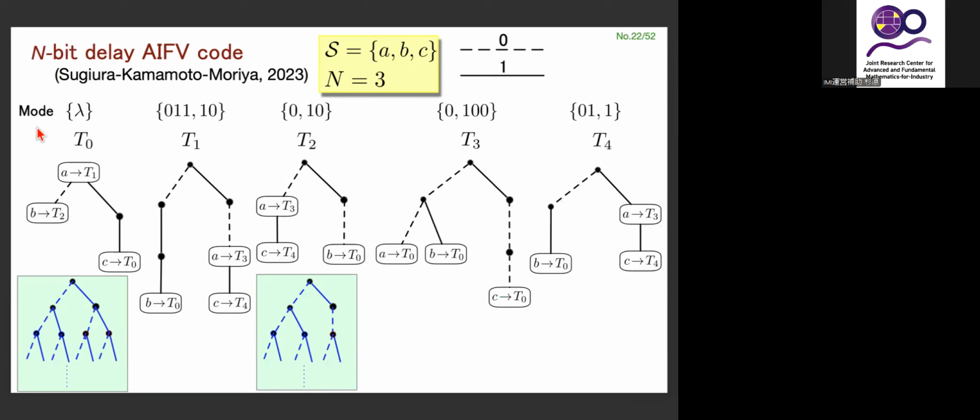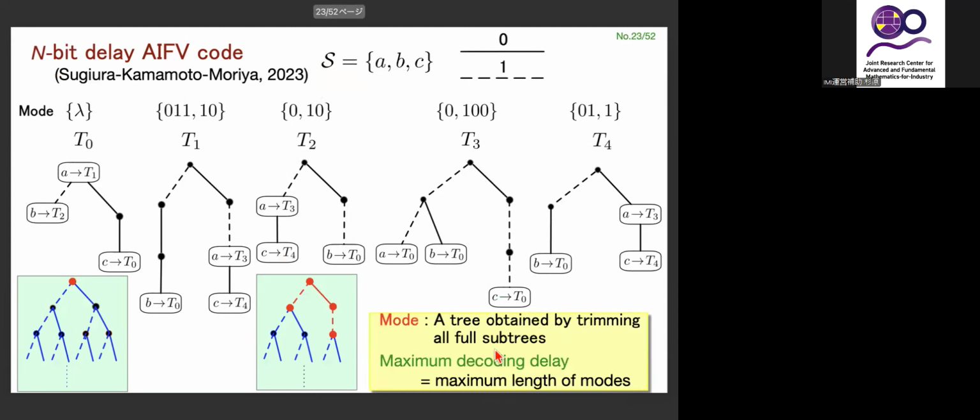Next, we define the mode. For each code tree constructed this way, we trim all full subtrees. Blue parts are full subtrees that must be trimmed, and the red part is the remaining tree, which is called the mode.